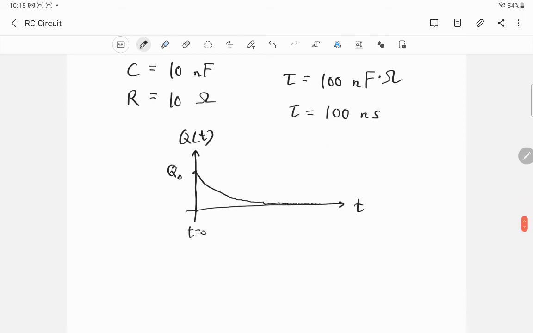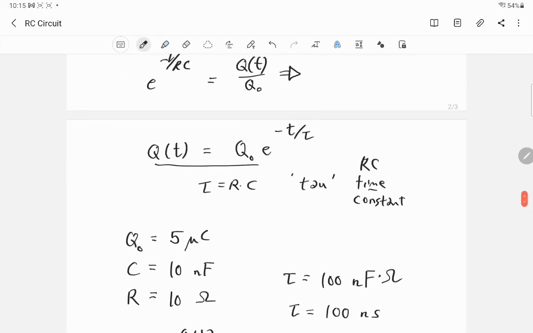If you wanted, you can actually get the current. The current is negative dq by dt. Remember, that's how we started, or that was one of the steps in our process of getting this information. And I've got the function right here, right? And I can just take its derivative.